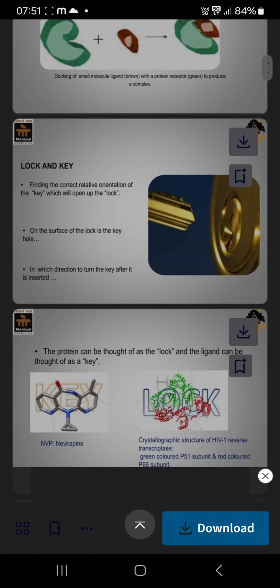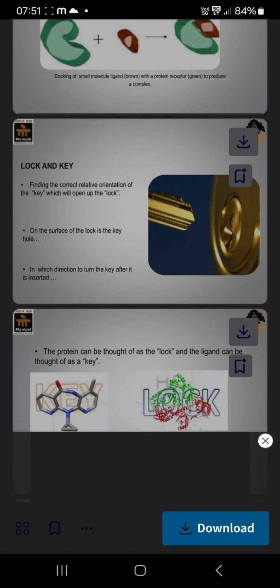What is the theory here? Lock and key. Finding the correct relative orientation of the key which will open up the lock. On the surface of the lock is the keyhole. You know in which direction to turn the key after it is inserted.